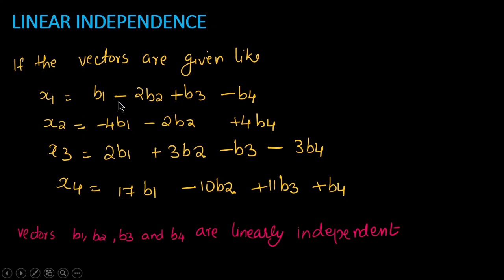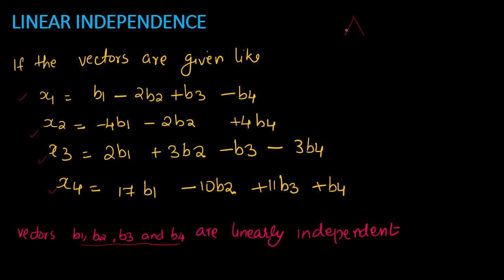Vector x1 is written like this: b1 minus 2 b2 plus b3 minus b4, like that. Here b1, b2, b3, and b4 are linearly independent vectors, and using those linearly independent vectors, we are representing our 4 vectors x1, x2, x3 and x4.